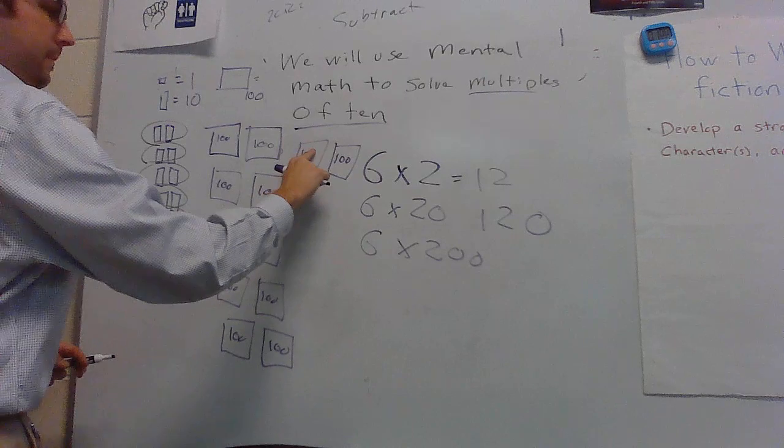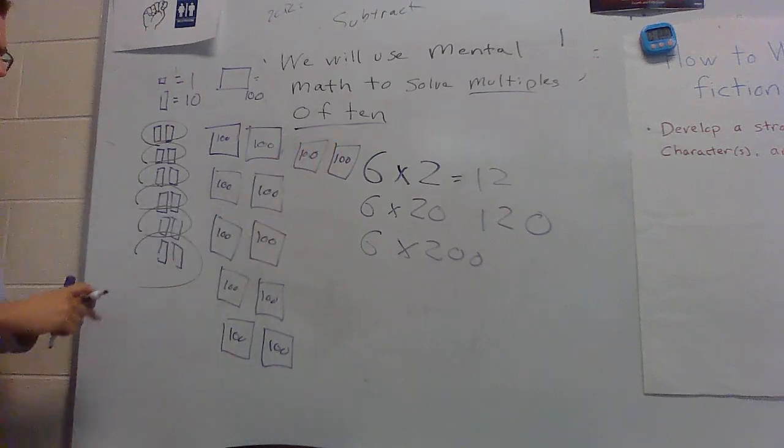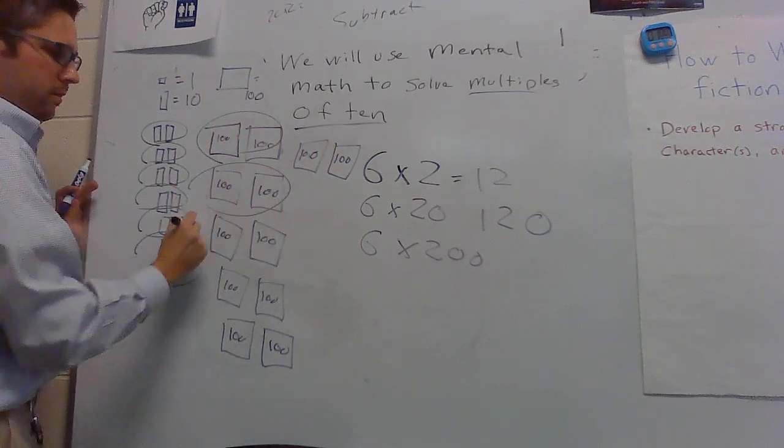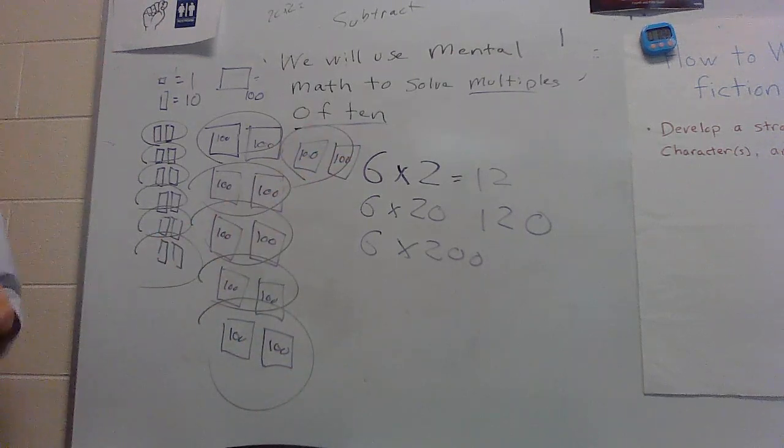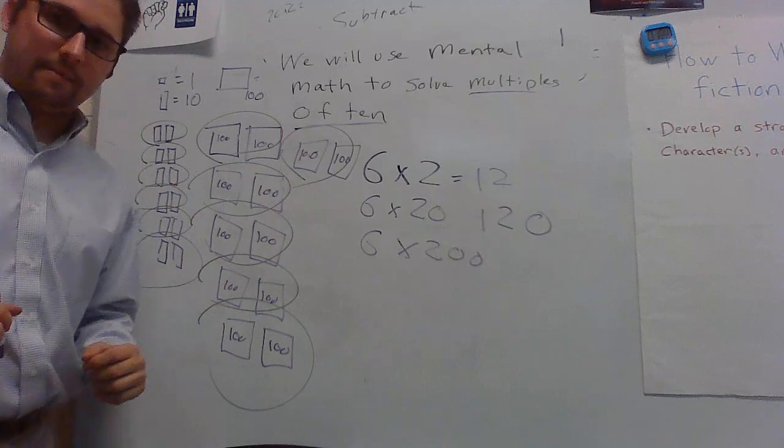We have 6 groups with 200 in each group. Let's count the base 10 blocks.